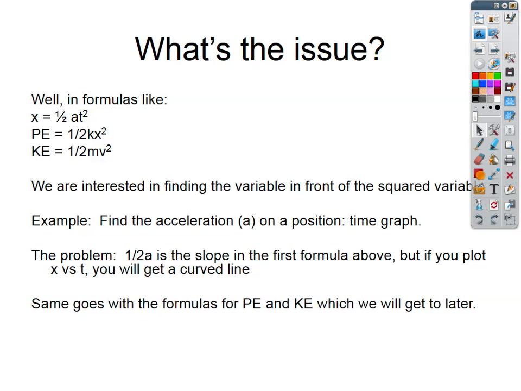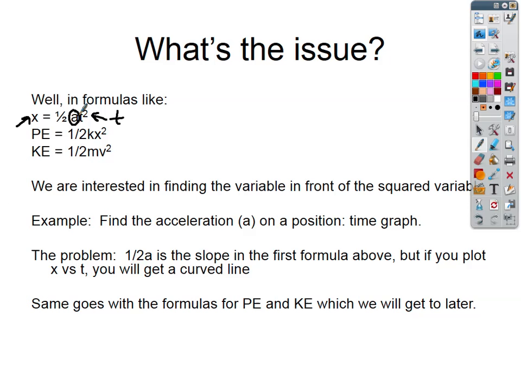The thing we're running into is, again, here are examples of different formulas. We are interested in finding the variable in front of the squared variable. A lot of times the questions will say, graphically find a, which is the acceleration, if you have data for x and t, not t squared, but t.